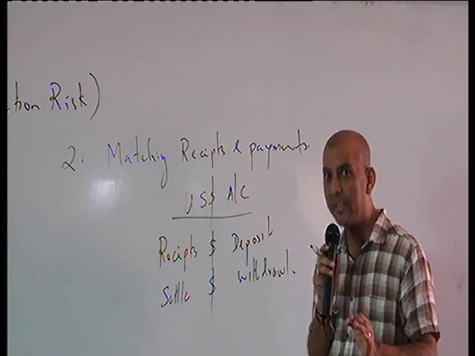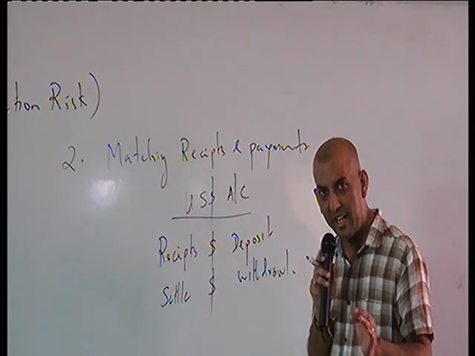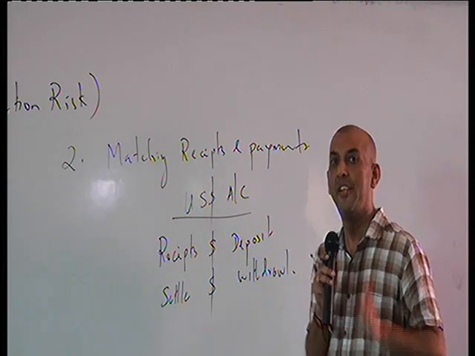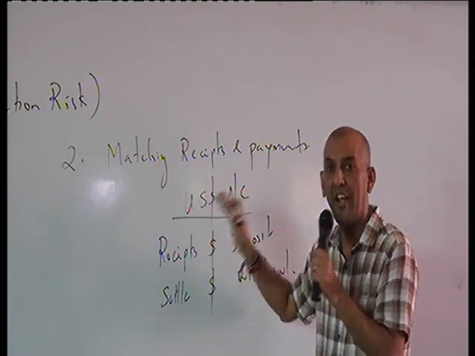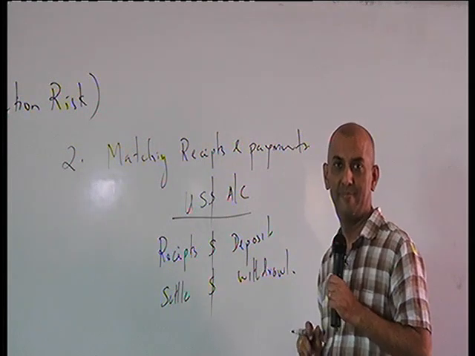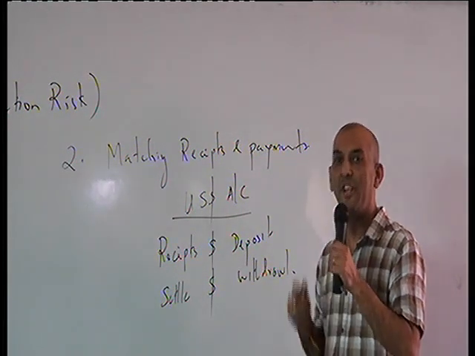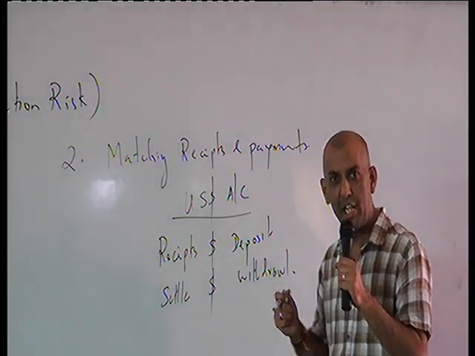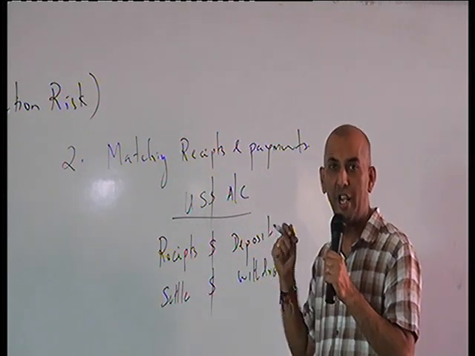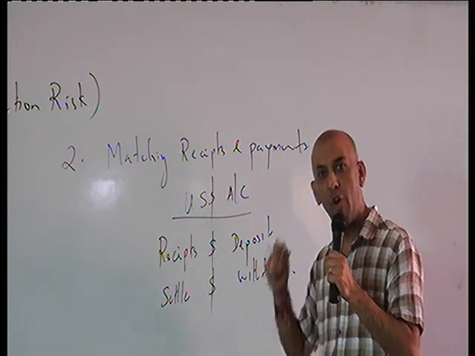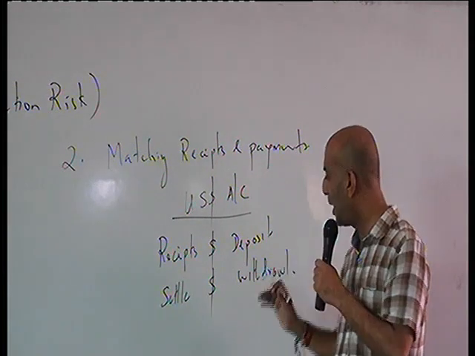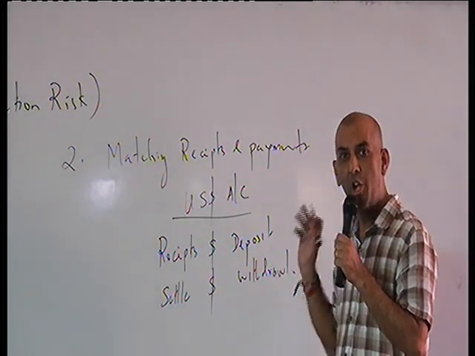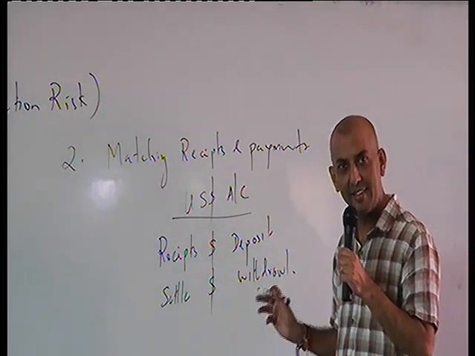You are not converting foreign currency into rupees. Therefore, the risk of exchange rate reduces. If you convert your foreign currency into rupees, you are exposed to exchange rate risk. If you are not converting and you are keeping in foreign currency, you are not exposed to exchange rate risk.